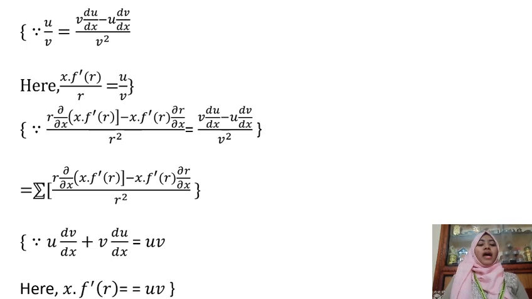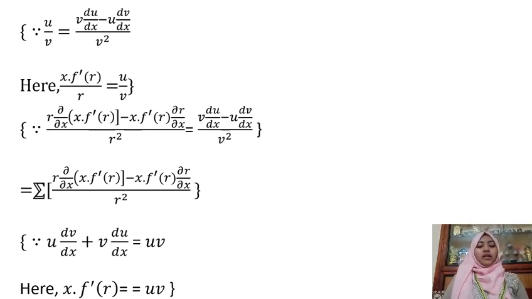Now we have a property for terms in the form of u by v. Here u by v is x into f dash of r by r, so we take u as x into f dash of r and v as r. The property is d of u by v equals v into du by dx minus u into dv by dx, all over v square. We can apply this property in our problem.